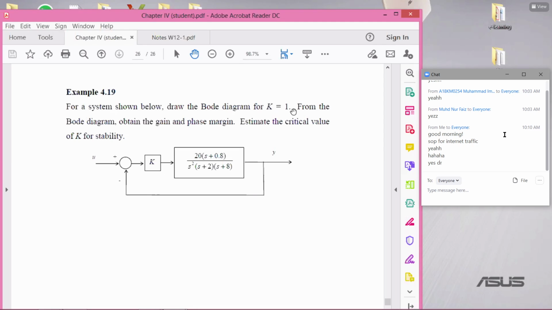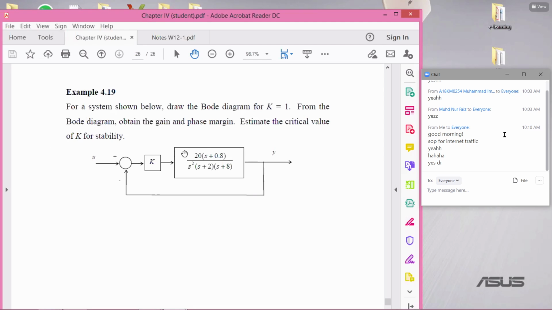When you draw the Bode diagram for K equal to 1, the absolute value of your gain margin tells you right away the maximum value of the gain K that you can have before the system becomes unstable. That's one of the reasons we always draw our Nyquist diagram or Bode diagram for K equal to 1. From the Bode diagram, obtain the gain and phase margin.